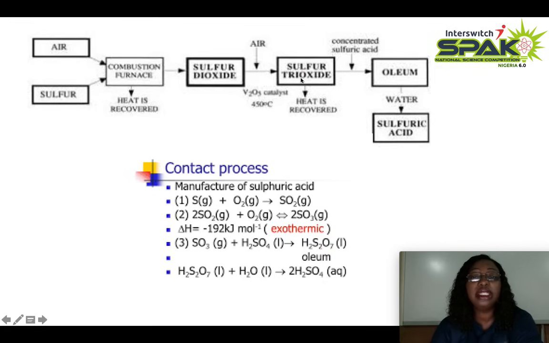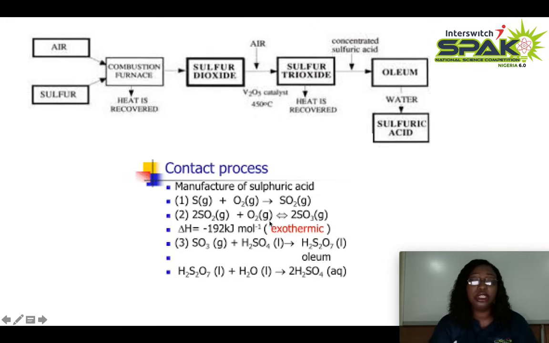Sulfur trioxide is SO3, and it is a reversible reaction. So SO3 dissolves in H2SO4 to give you oleum, that's H2S2O7. H2S2O7 dissolves in water to give you your sulfuric acid. The reaction is what is highlighted down. Sulfur plus oxygen to give SO2.